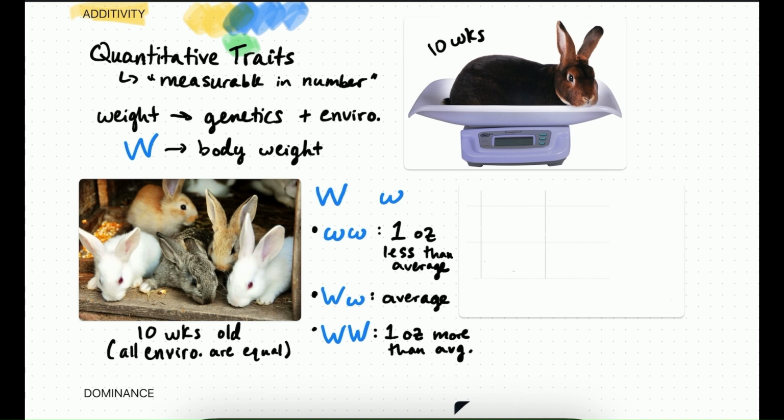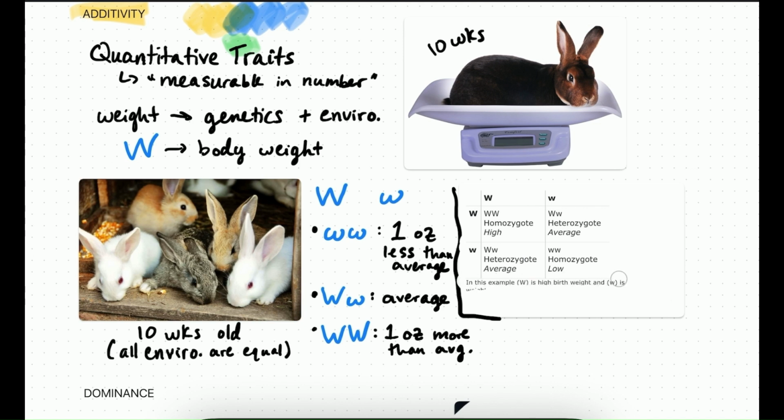We can view the inheritance of this relationship in a Punnett square, as you can see here. In this example, big W is high birth weight and little w is low birth weight. Offspring may end up as either high, low, or average, an intermediate heterozygote, due to partial dominance of the W genotype.